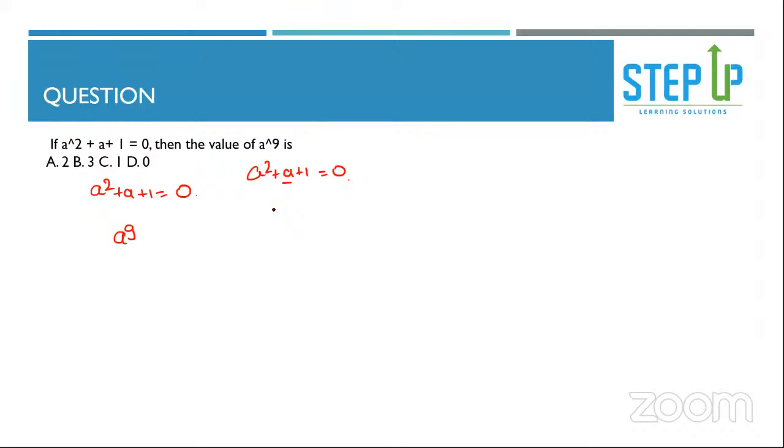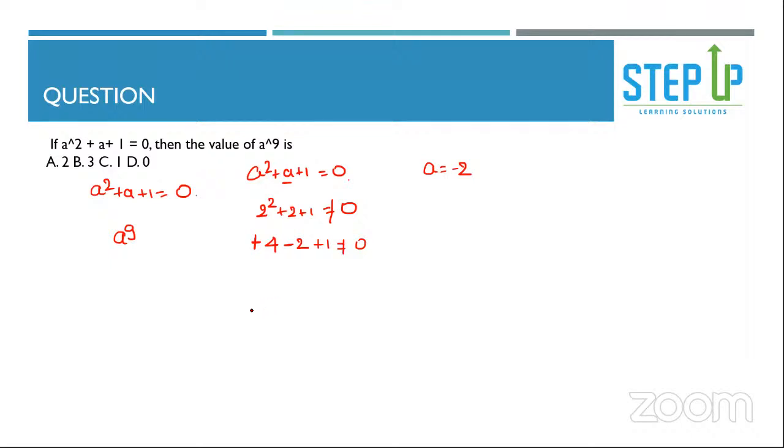A is equal to 2 is not satisfying: 2 square plus 2 plus 1 is not equal to 0. If you take A is equal to minus 2, then it is plus 4 only, plus 4 minus 2 plus 1 is also not equal to 0.